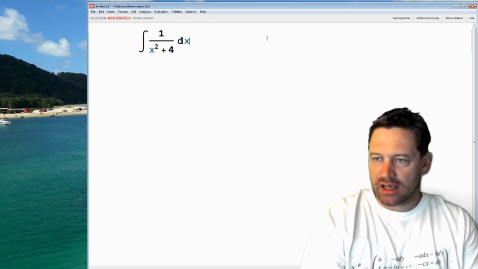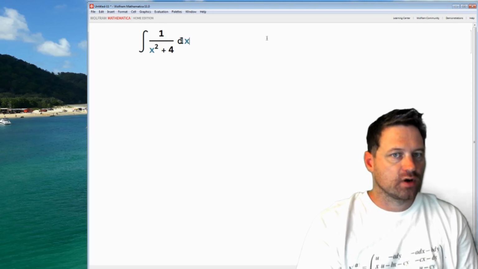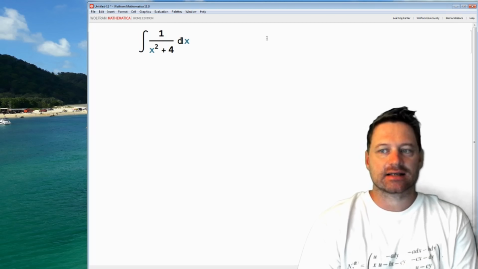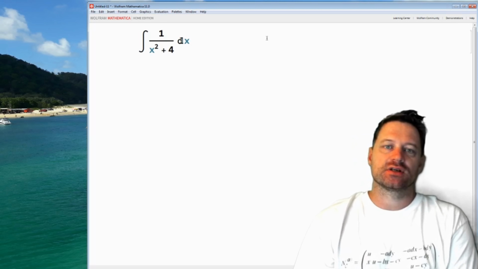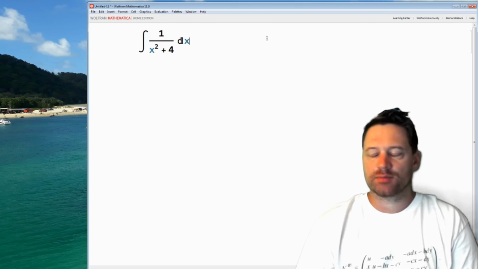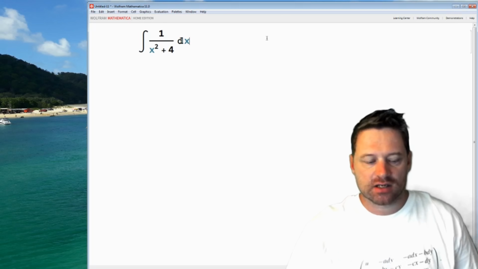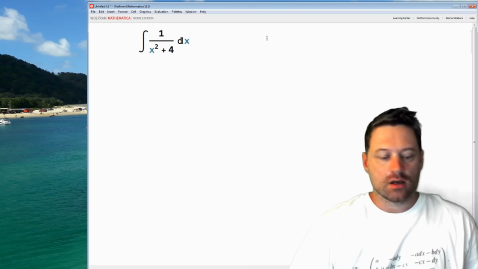So where do we begin? Now, this one will work with a tan of y substitution. So if we let x be equal to tan y or tan theta, up to you. I'll go with tan y because I could easily type that in on the keyboard.